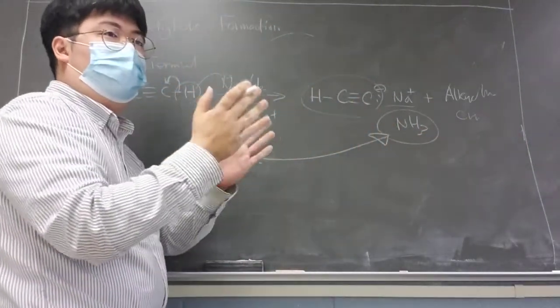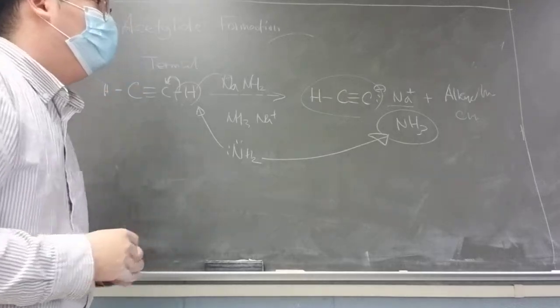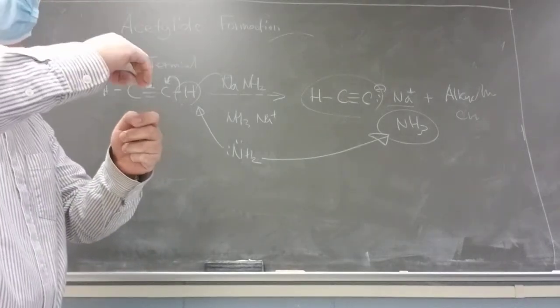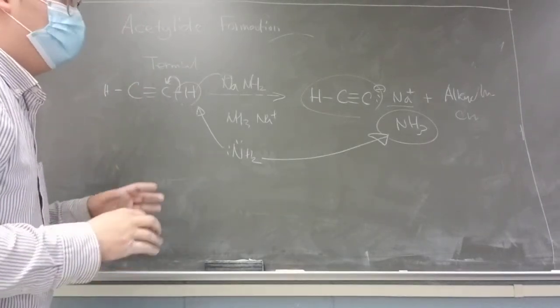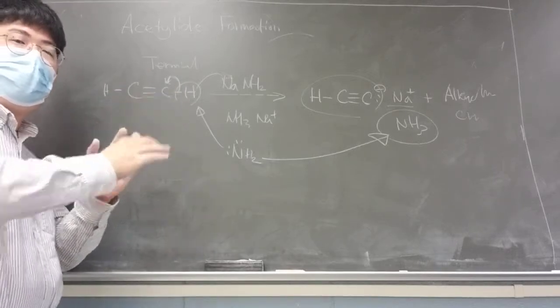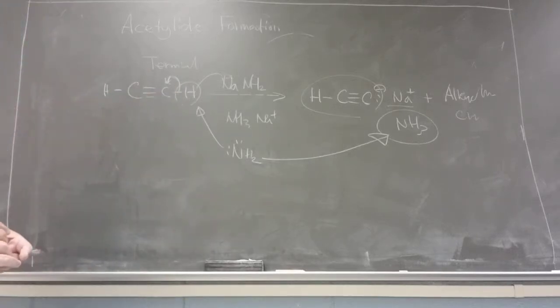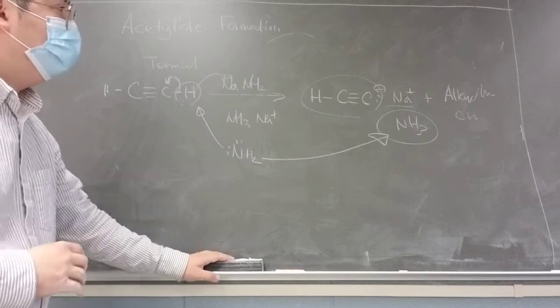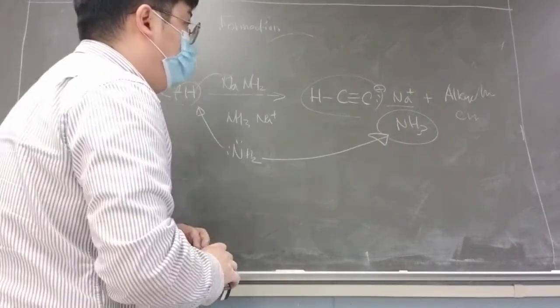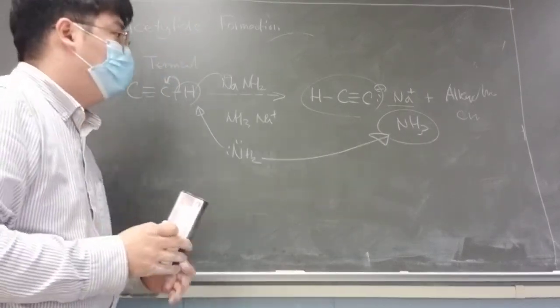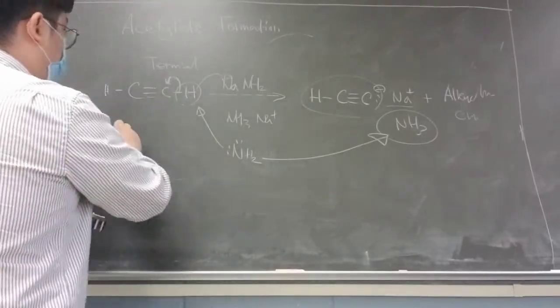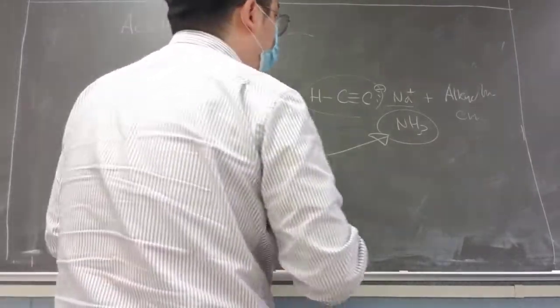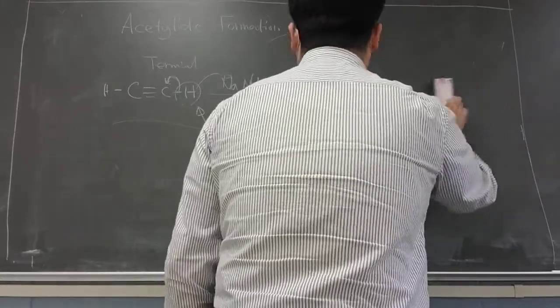So it can be combined with the alkyl groups, making the bromine or iodine a leaving group. That's what we saw before. It makes sense so far. Okay, so just make sure you have this one over here. That's pretty much it for this one.